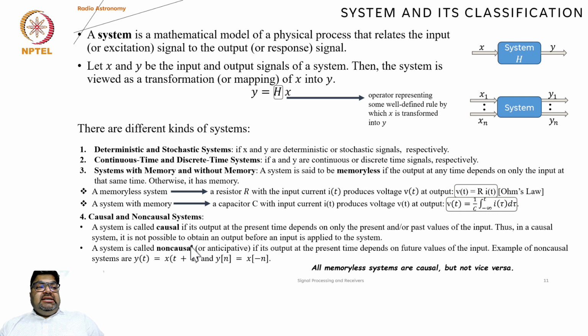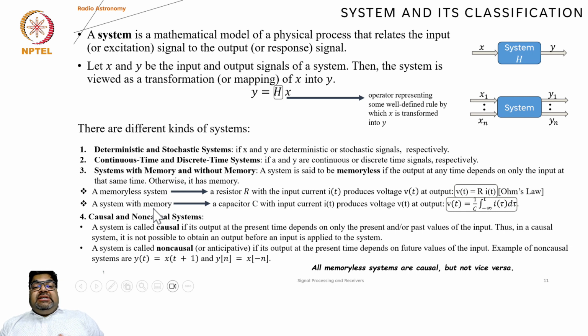So R here is like an operator which takes the input signal i(t) and transforms that into a voltage v(t). But the voltage at a given time depends on the current at that given time only, and not at a previous time or at a later time. That's why this system is called memoryless.